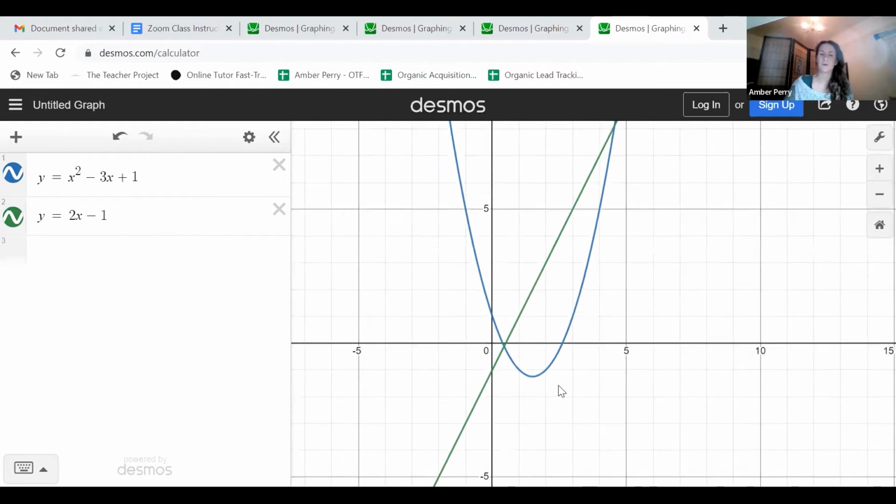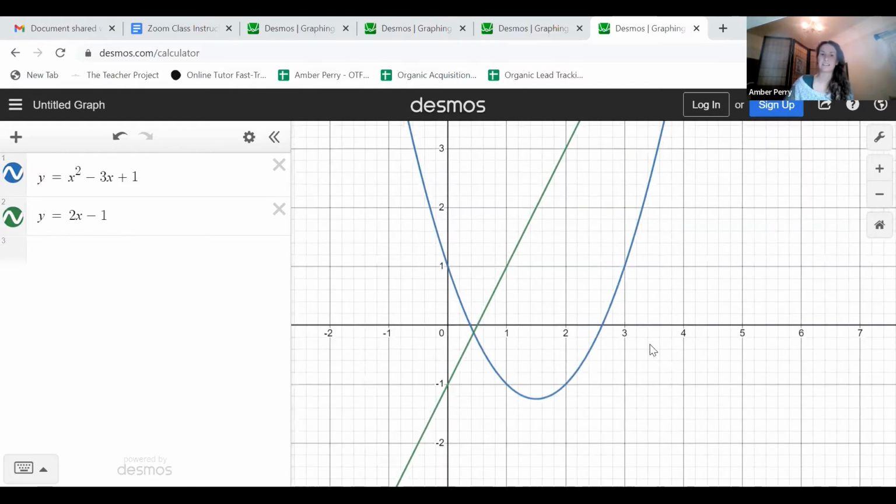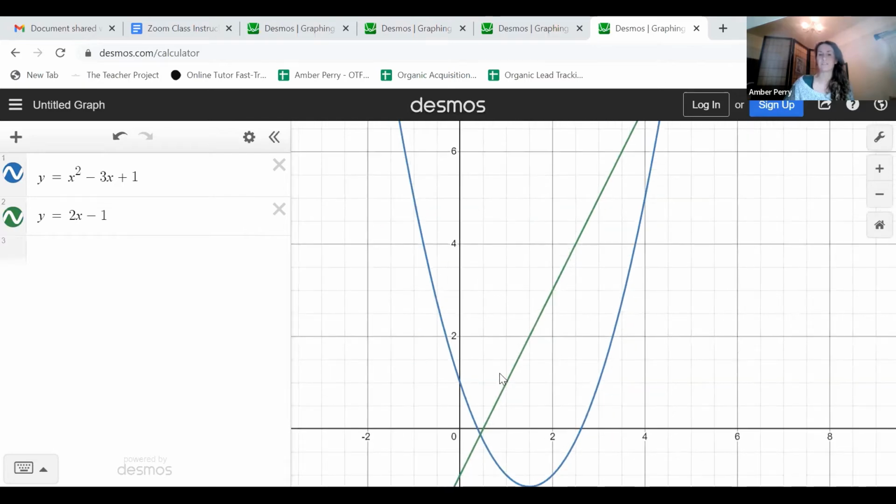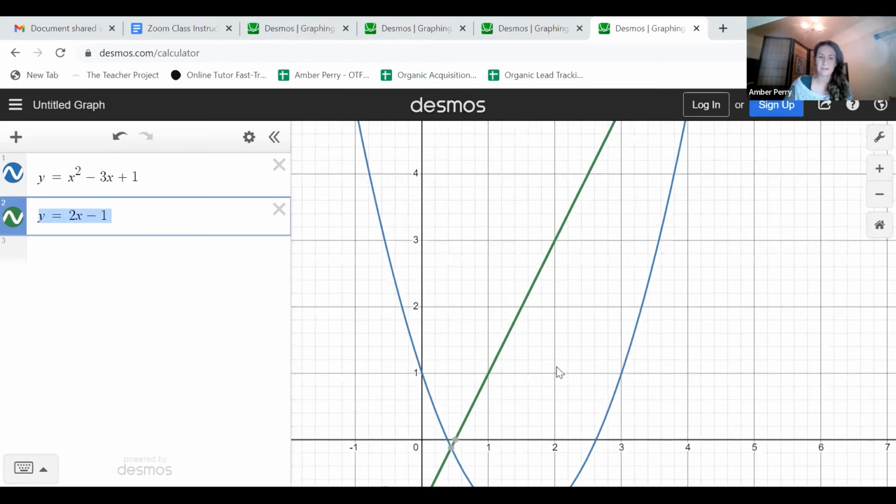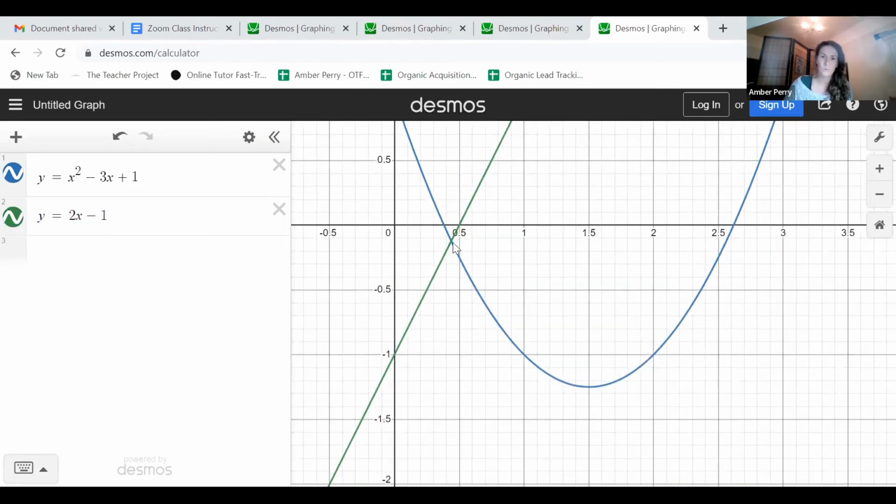And then part D might say to use the graphs to solve the simultaneous equations, this and this, okay? So to solve them simultaneously means basically to find the points where the x coordinates are the same, okay? And you would do that by simply looking at where they meet.